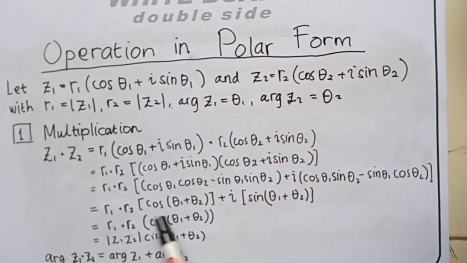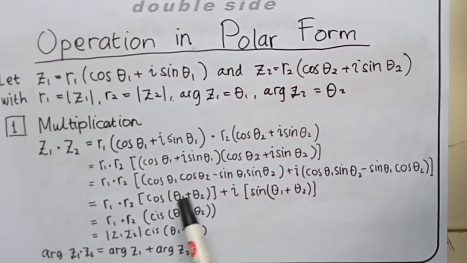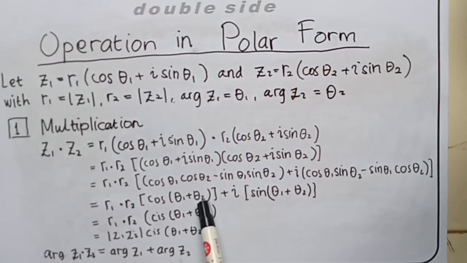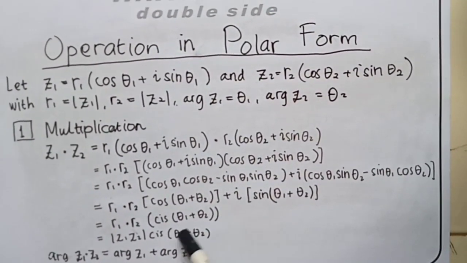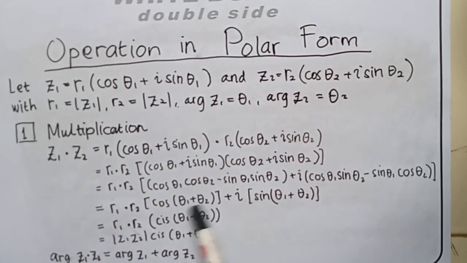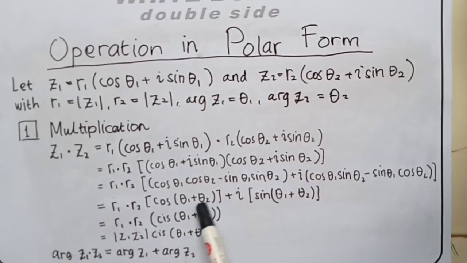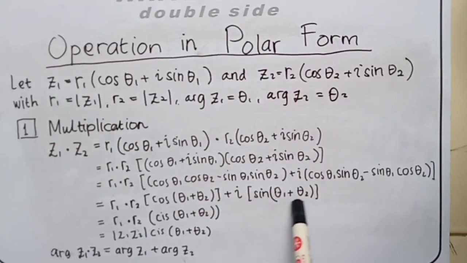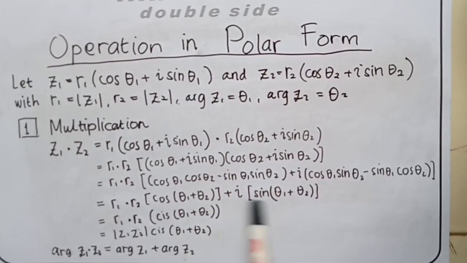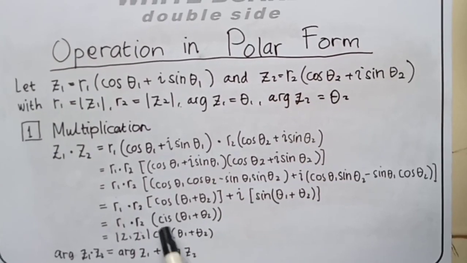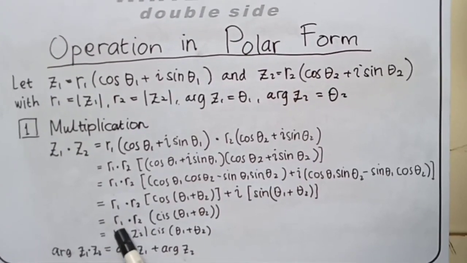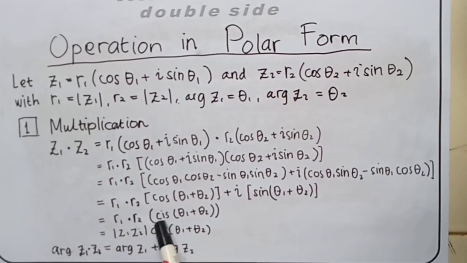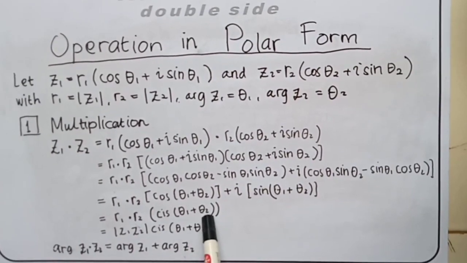So here, we can state theta 1 plus theta 2 as one variable, cos(theta 1 plus theta 2) plus i sin(theta 1 plus theta 2), so we get this form as cis. So we get R1 times R2 times cis(theta 1 plus theta 2).